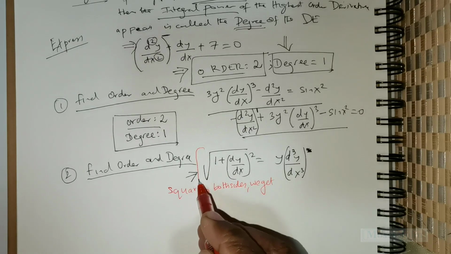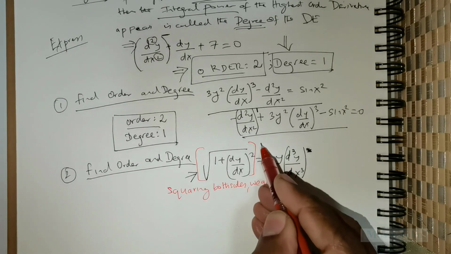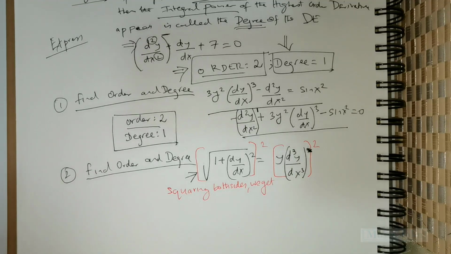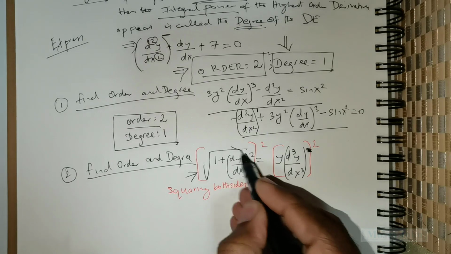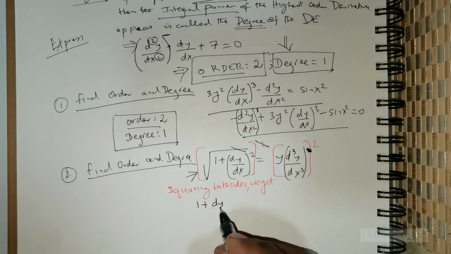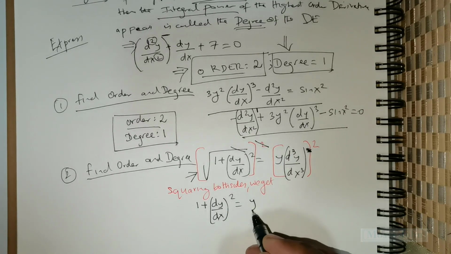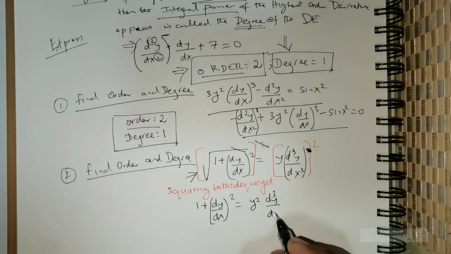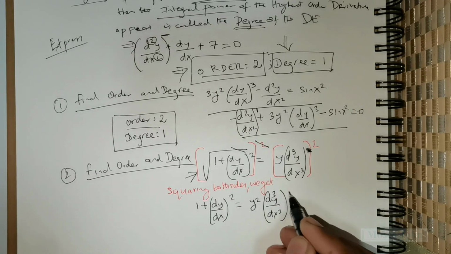You raise this to the power of 2, you raise this to the power of 2. The square root that you see here will get cancelled with the square, therefore giving you 1 plus (dy over dx) raised to the power 2 is equal to y squared times (d cubed y divided by dx cubed) raised to the power 2.